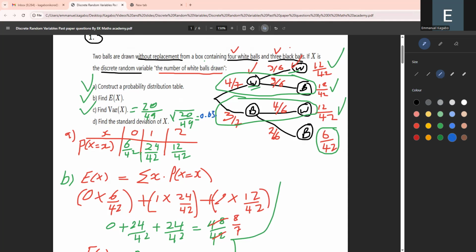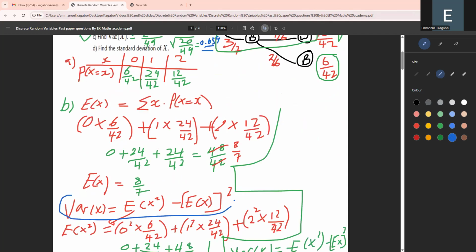You need to remember standard deviation is the square root of variance, and variance is calculated using this formula. That's how we get the variance of discrete random variables. I hope you have understood that.